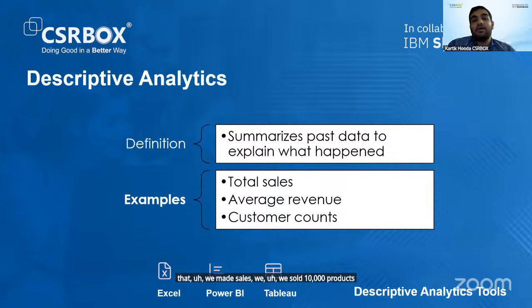The total revenue was maybe 1 lakh. Then the total profit was 20,000, and out of that this is the profit margin and all of that. Just a basic summary. We are not trying to find any new things. We are just trying to summarize what already exists. That is descriptive analytics. Total sales, average revenue, and all that counts.